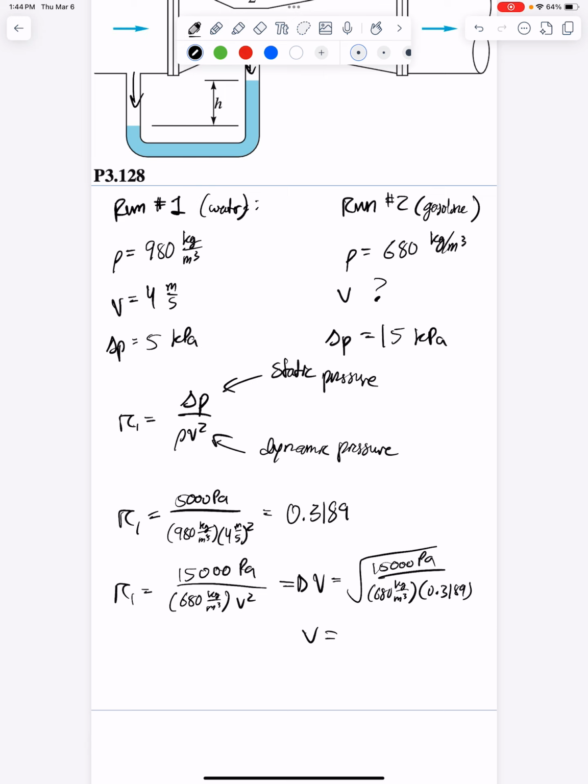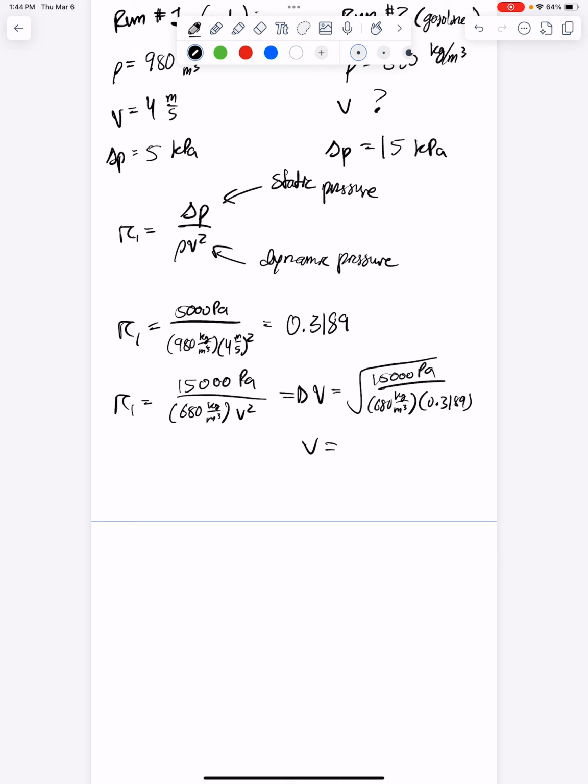Therefore, v is equal to 8.32 meters per second. So that's the velocity we want in our gasoline case in order to have the flows match that in the water case.